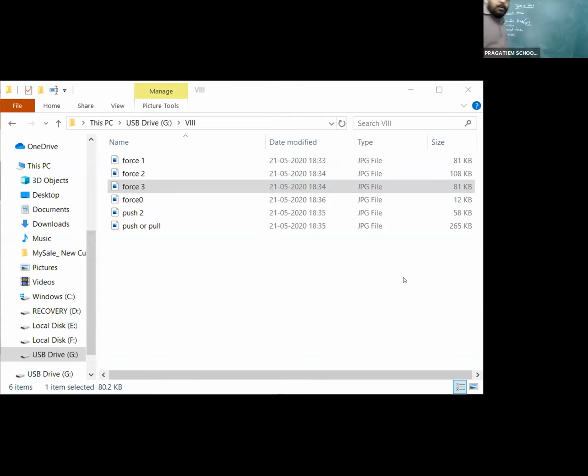Here on the board I wrote down. First one is magnetic force. Second one is electric force or electrostatic force. See the board again, you can see it on the screen. Third one is gravitational force. Okay, sir. Thank you, sir.